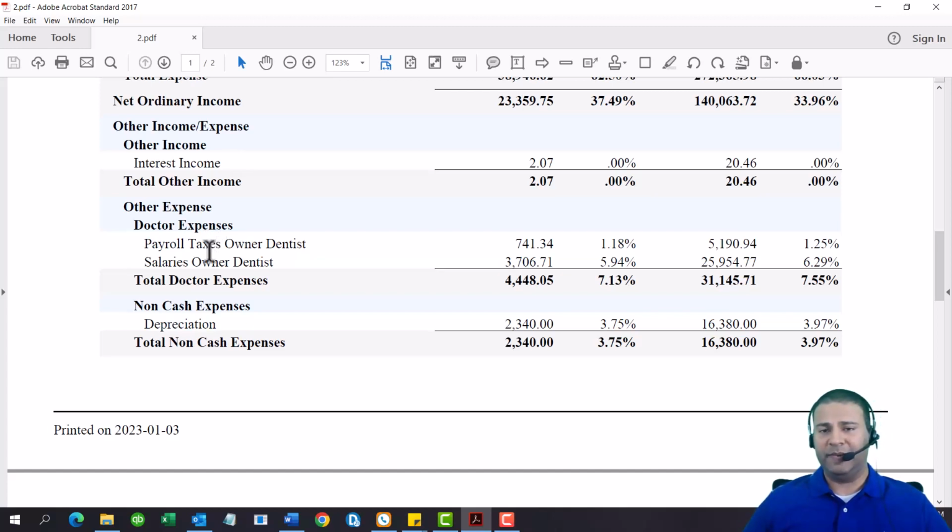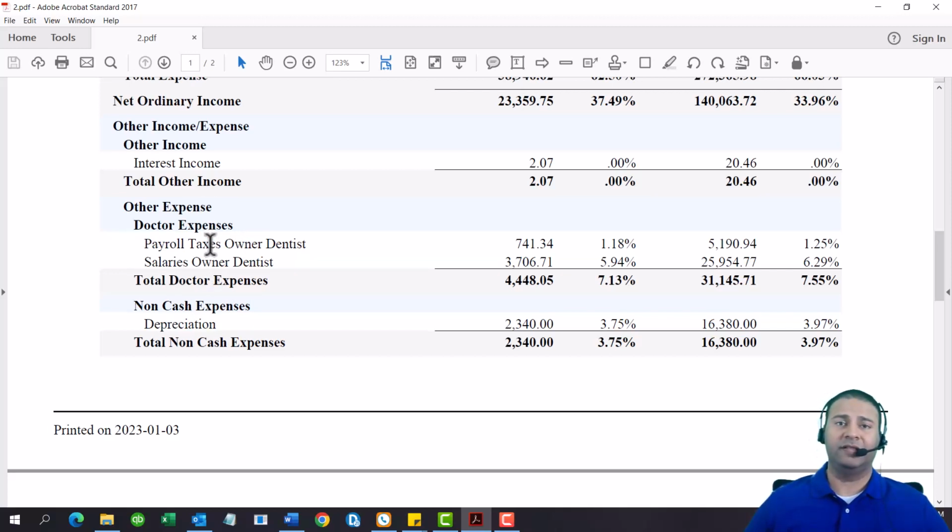The next other expense we have is the doctor expense. This is where we include all expenses related to the owner doctor. So if you notice, any salaries being paid to the owner dentist is reported here. Any payroll taxes related to the owner dentist is reported here.